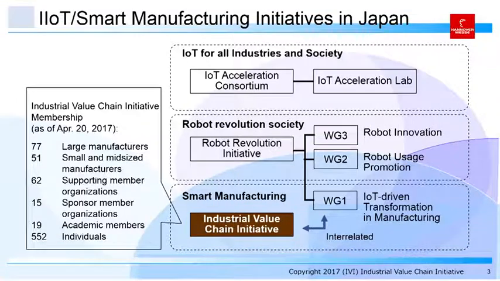And we are in the Industrial Value Chain Initiative for the manufacturing industry, working group 1 of the Robot Revolution Initiative, covering manufacturing. So most of the members are manufacturing industries.